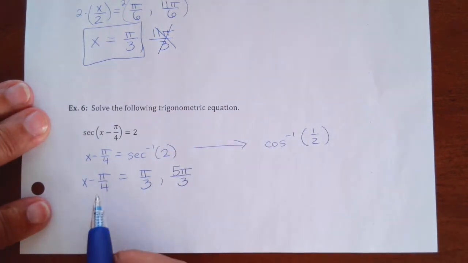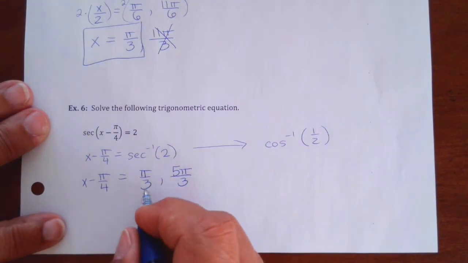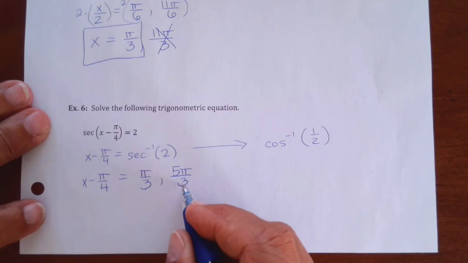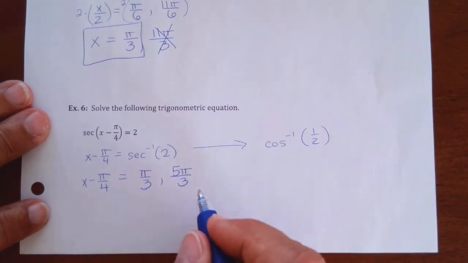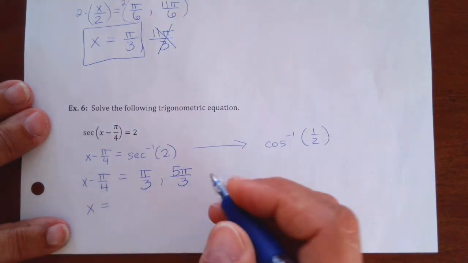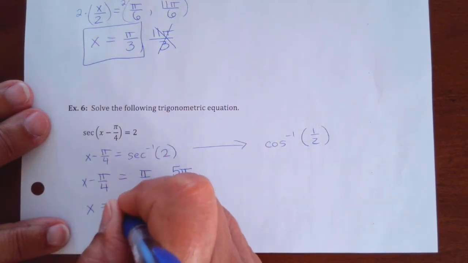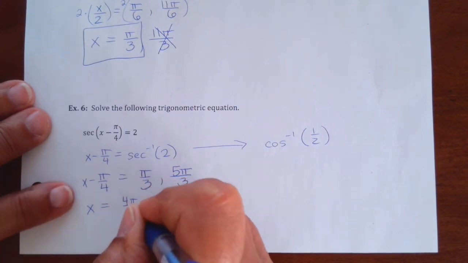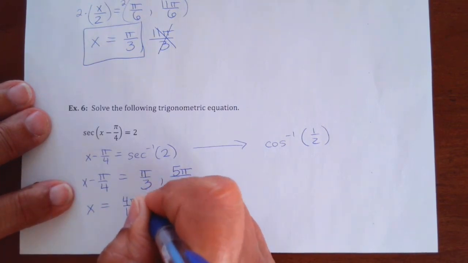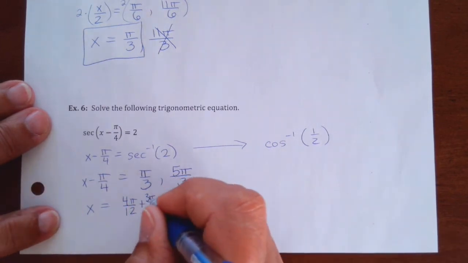All right, now we're going to add pi over 4 to each of these. So I've got to add pi over 4 to here, and then I've got to add pi over 4 here. So I'm going to make all of these have a denominator of 12, right? Okay, so pi over 3, I'm going to multiply by 4, so that's 4 pi over 12, and I'm going to add 3 pi over 12, which is pi over 4.